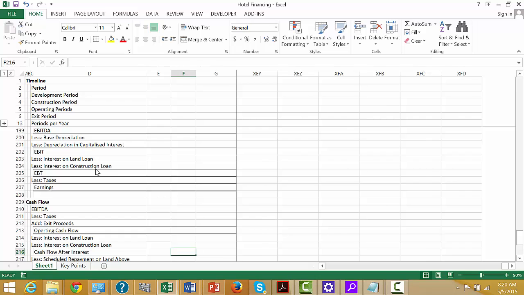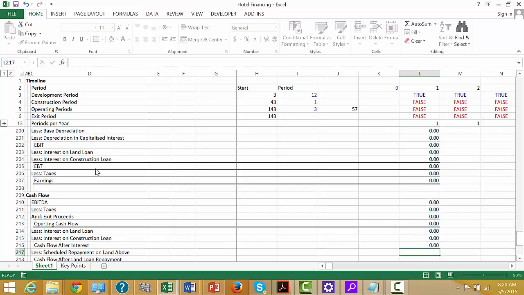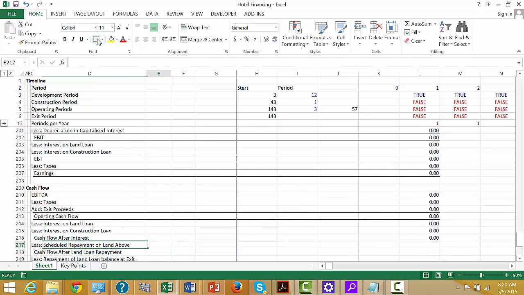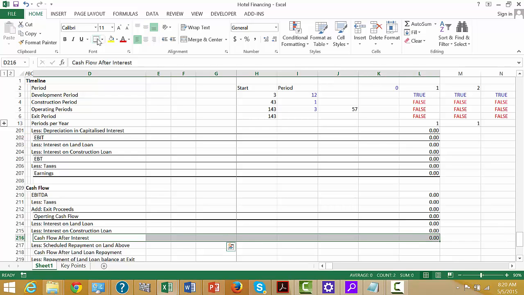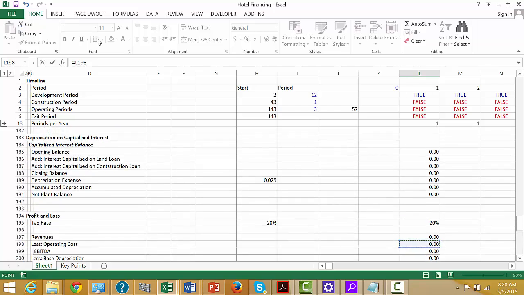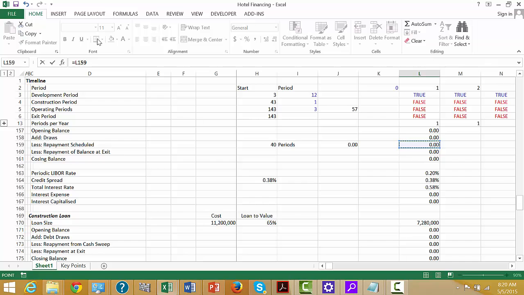Whoops. Okay, which is this one minus this one minus this one. Okay, and we put this in here, and then oh my. Okay, and then we can now go back up and get our scheduled debt repayment from the land loan.